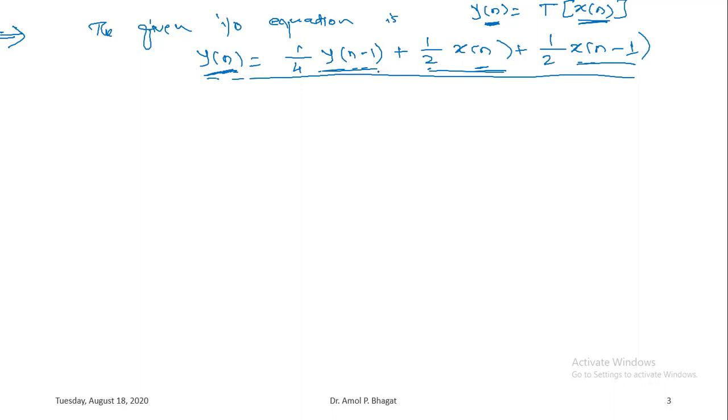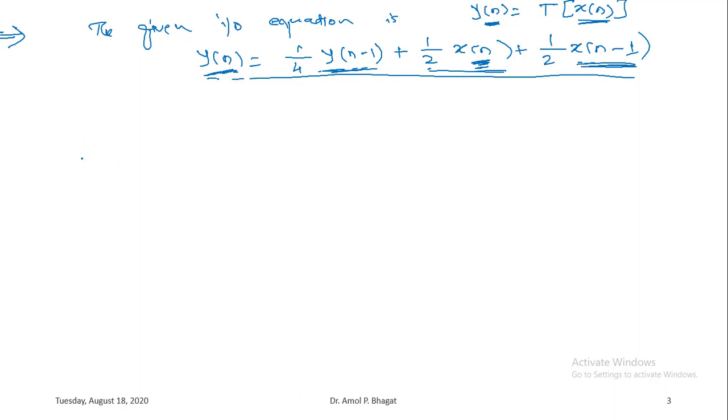That means the output y of n depends on the current input x of n, the past input x of n minus 1, as well as the past or previous output y of n minus 1. So let's try to represent this discrete time system using block diagram representation.